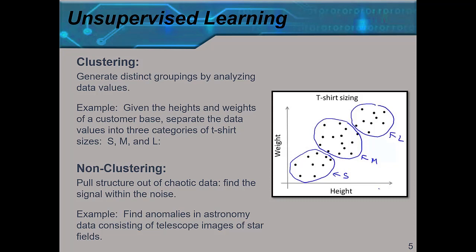The main reason that you want to use unsupervised learning is to try to pull structure from what appears to be random data. This is very important in many cases, but I would say 80% of machine learning that is done is supervised, maybe 5% is unsupervised, and the other 15% is on the last category, which we'll get to.